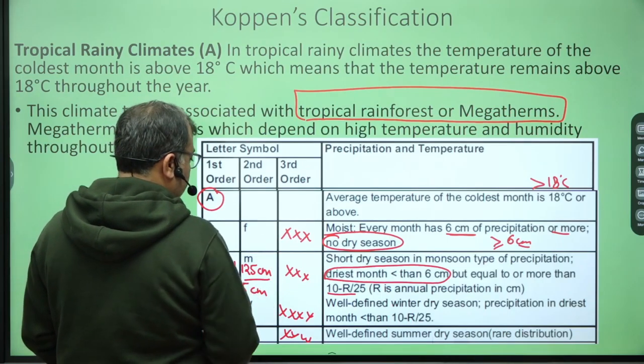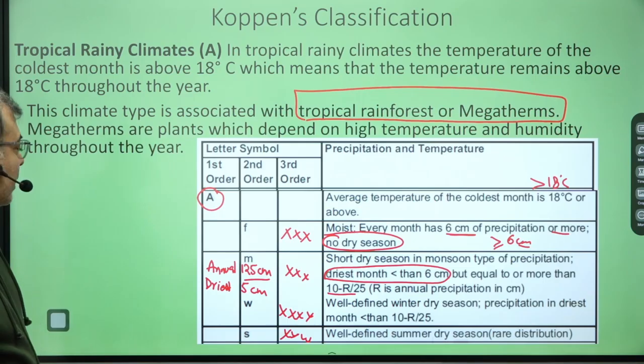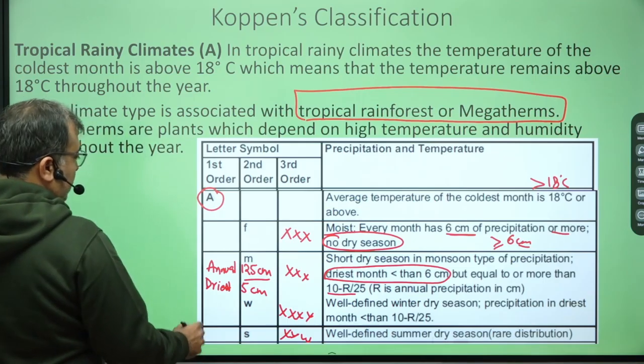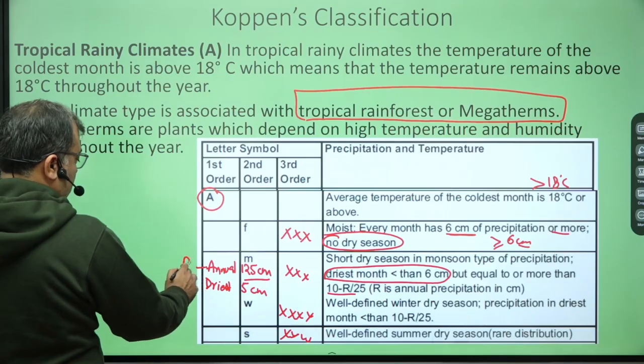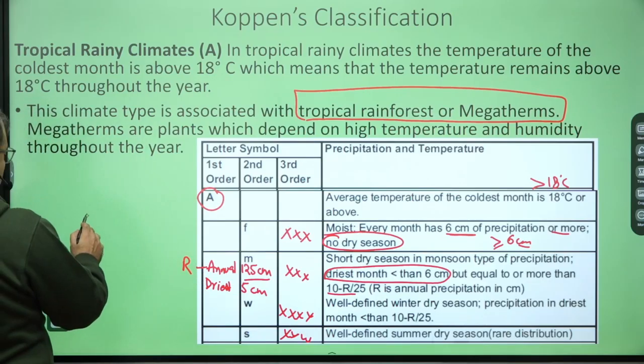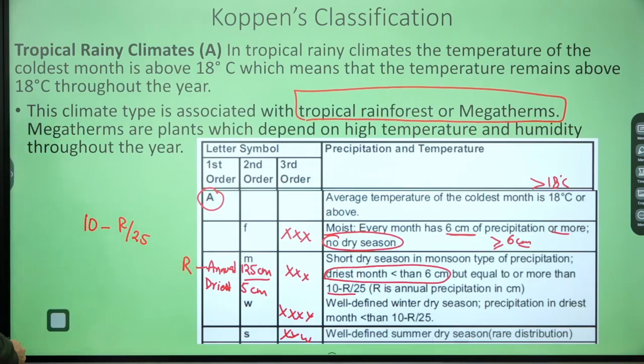Is everyone okay? Now, please tell me what will be the value of 10 minus R by 25. R is this. What will be the value of 10 minus R by 25?